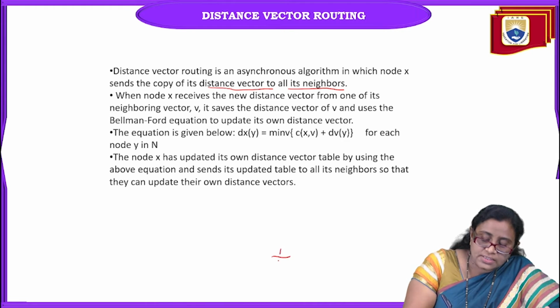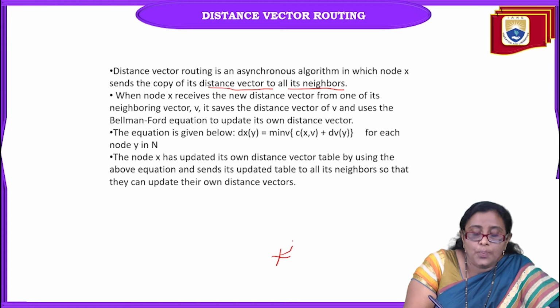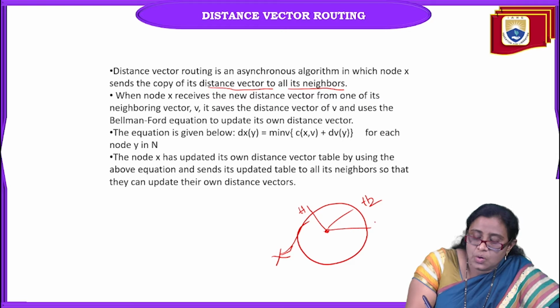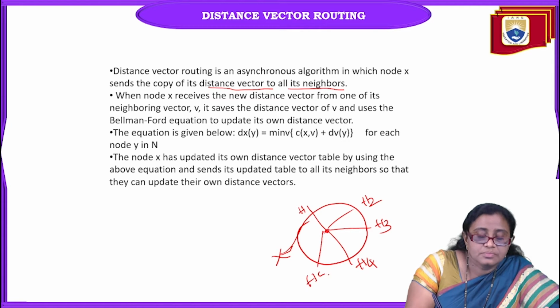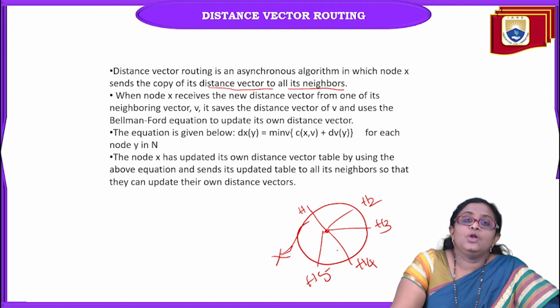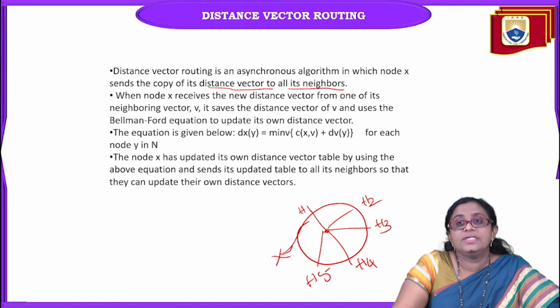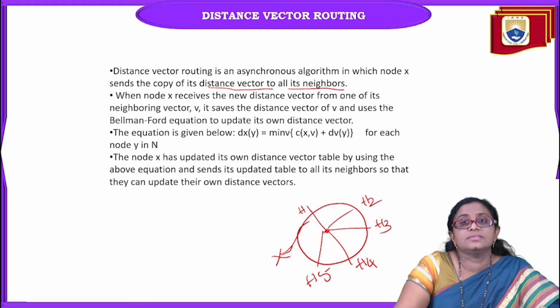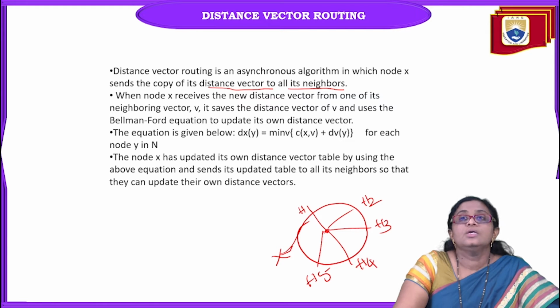The neighbors could be associated with host 1, host 2, host 3, host 4 and host 5. And second, when node x receives a new distance vector from one of its neighbors v, it saves the vector of v and uses the Bellman-Ford equation as usual to update its own distance vector.